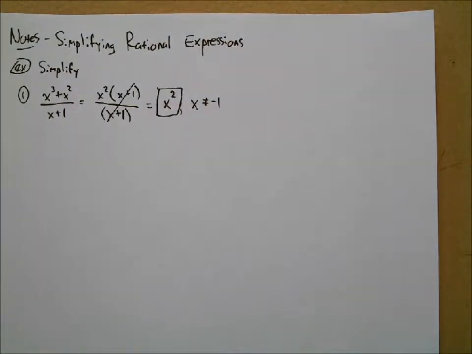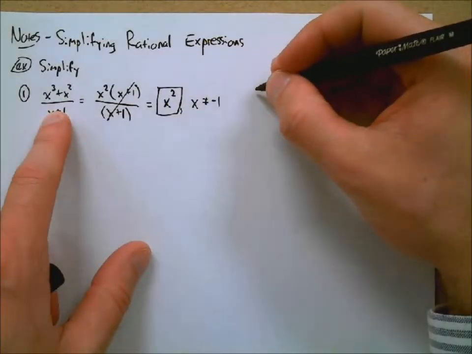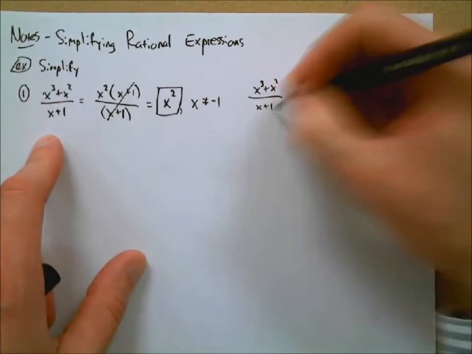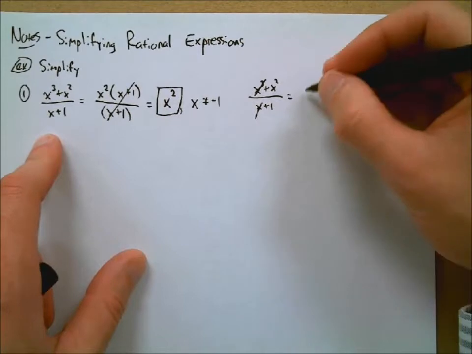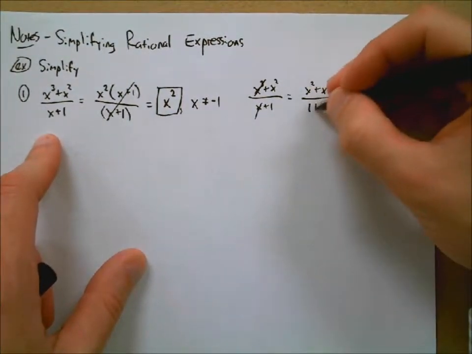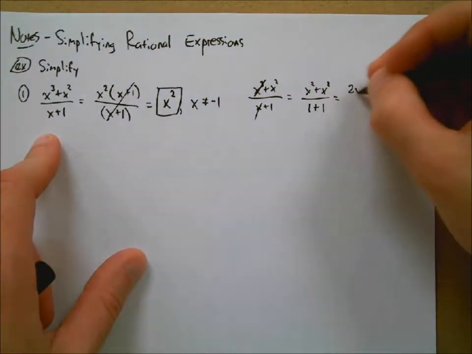Now, let's go back and talk about what I asked about earlier, right? We had x cubed plus x squared over x plus 1. And I asked, can we just cancel out the x's, x cubed and x, and make it x squared plus x squared over 1 plus 1, I guess what that would be. So that would make it 2x squared over 2.